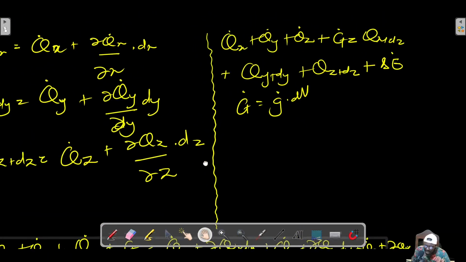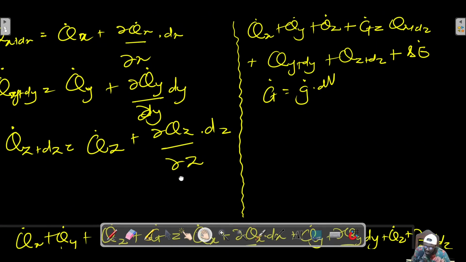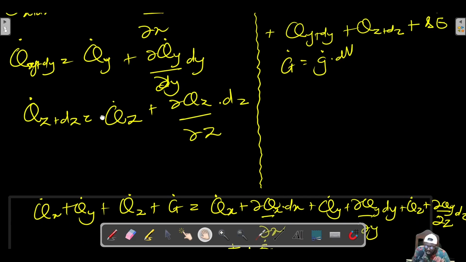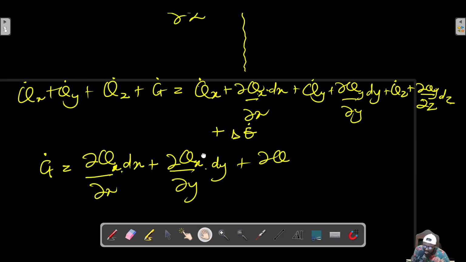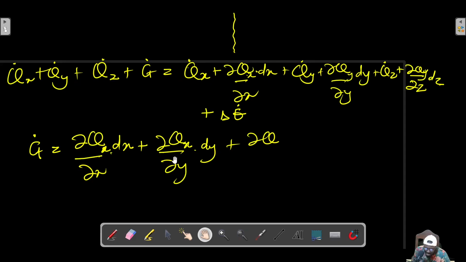Now I'm bringing subscript y there because, from the Taylor series, Q dot subscript y plus dy is equal to Q dot y plus the derivative of the heat flow rate along the y-axis with respect to the y-axis. That's the reason why I'm bringing the subscript here.